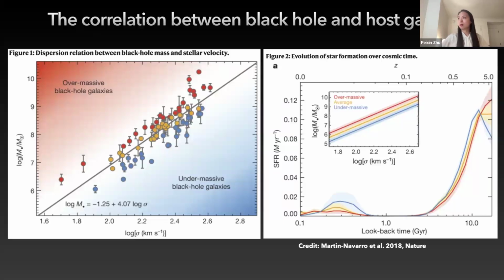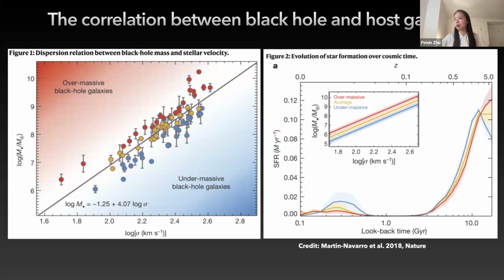At a certain galaxy stellar mass they have lower black hole mass, indicating that in their galaxy evolution history there must have been a period where their star formation rates were higher than other populations. And that is what this group studied using their spectra, and they figured out that this is actually the case, as shown on the right.